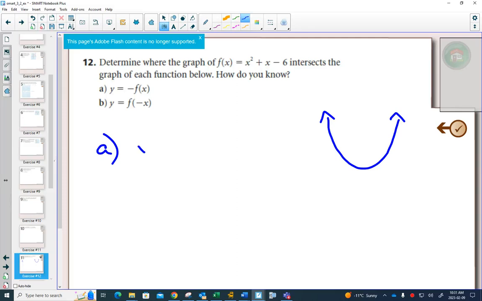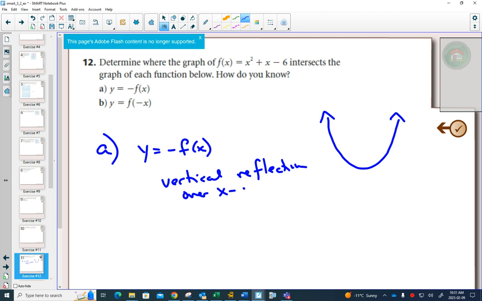Then, y equals negative f of x. I know that that is a vertical reflection, which means it's going over the x-axis. So now I have to have an x-axis to flip over.